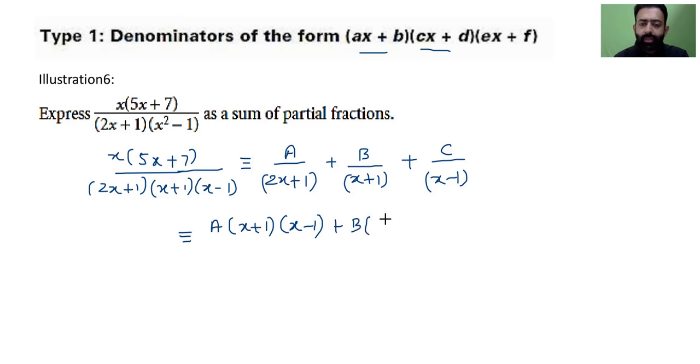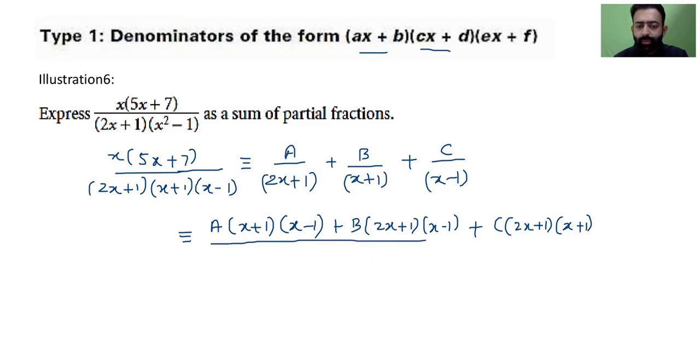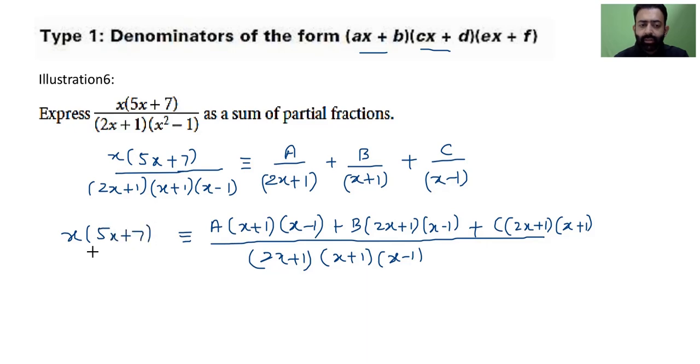Plus b will be multiplied by 2x plus 1 into x minus 1, because here the denominator is x plus 1, and c lastly is multiplied by 2x plus 1 into x plus 1. In the denominator will be the multiplication of all these three linear factors, and in the LHS we have x into 5x plus 7 upon again the multiplication of all these three factors.